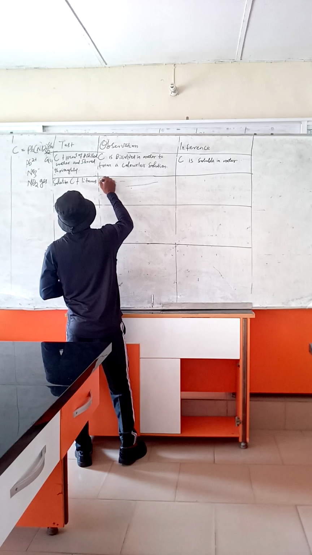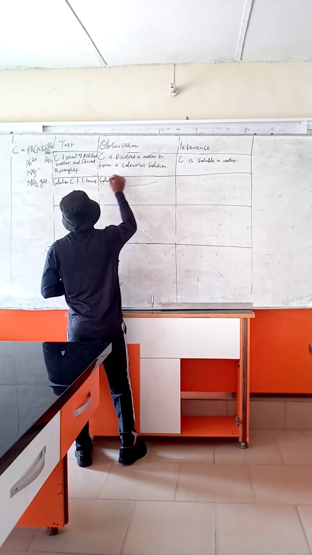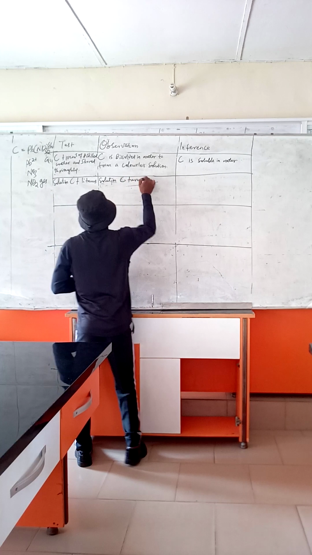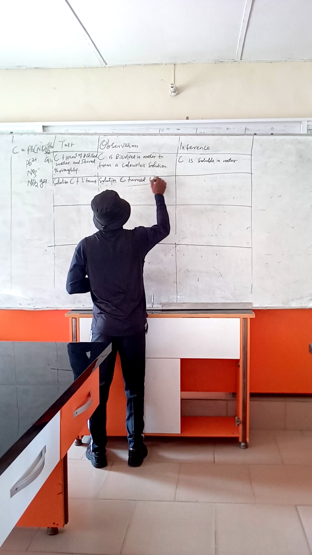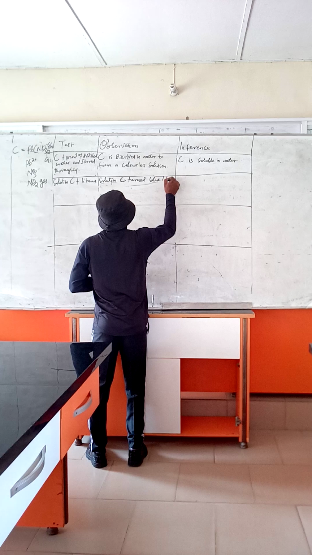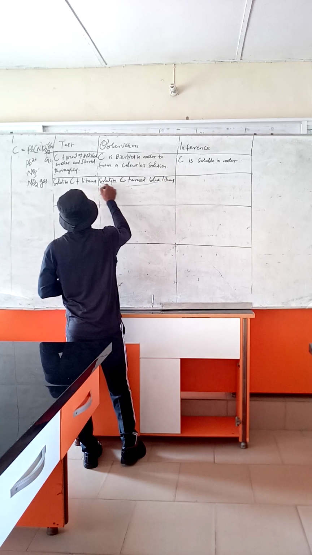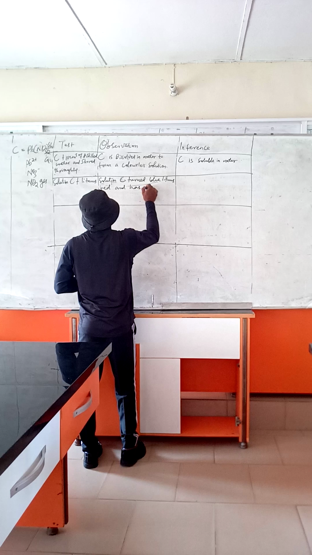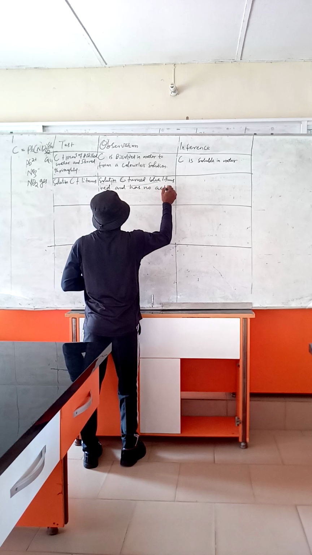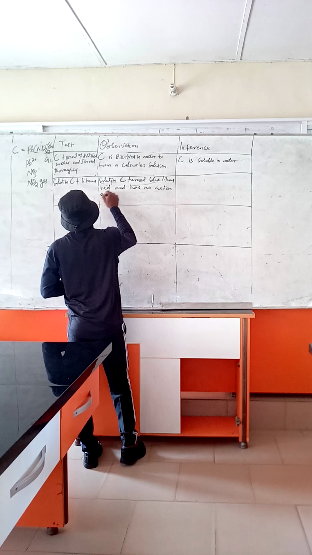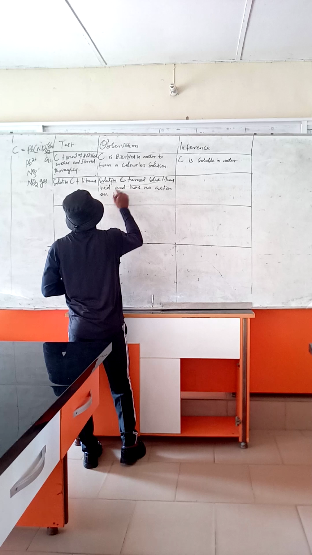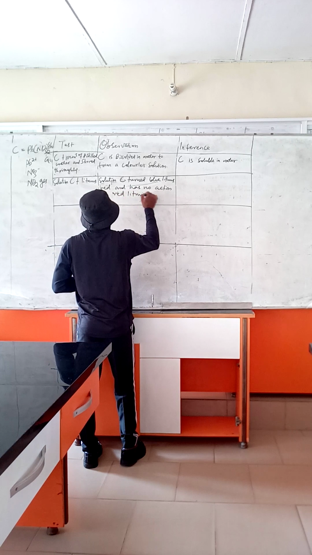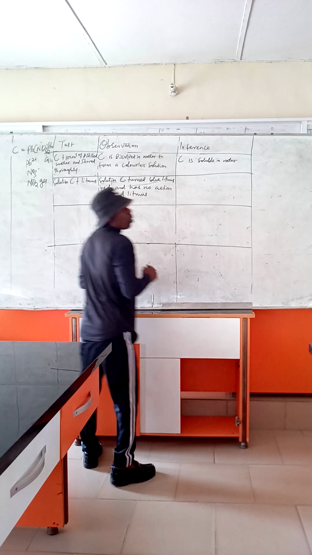If we see that solution C turns blue litmus red and has no action on red litmus, what does this mean?